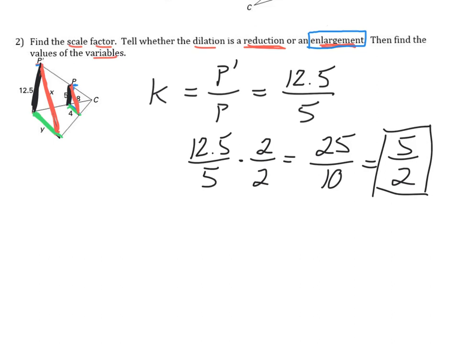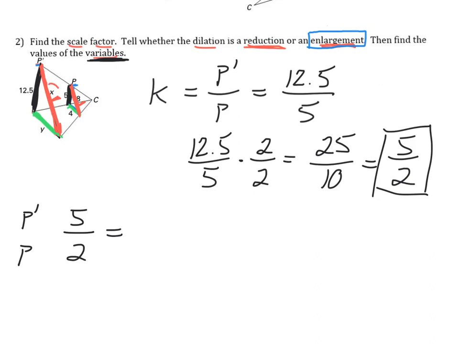Now what I need to do is solve for these variables. In order to do that, I am going to set up a proportion. I'm going to use my scale factor, 5 over 2. Remember, the 5 came from P prime and the 2 came from P. To complete my proportion, let's focus on x first. x corresponded to 8.